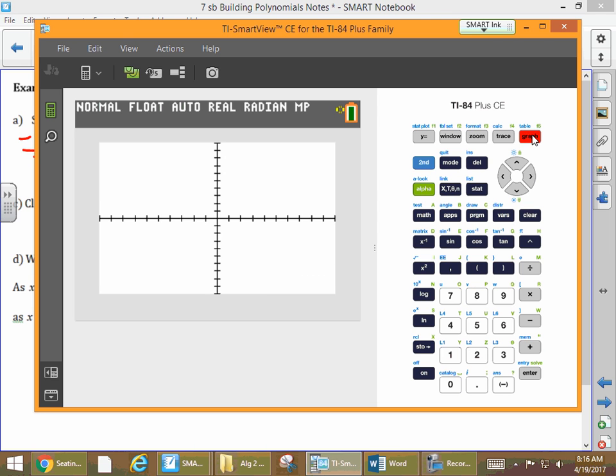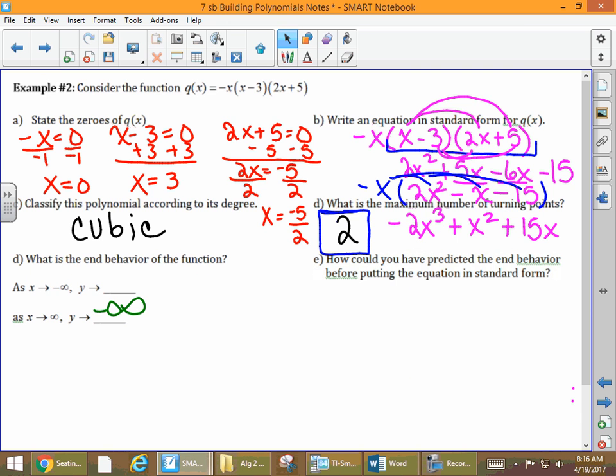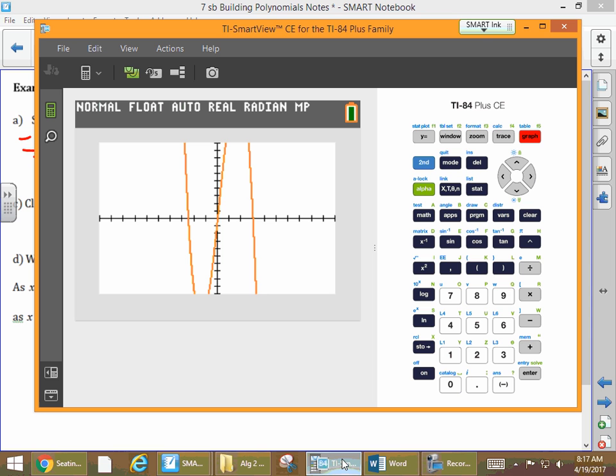When we look at the picture here, as x goes left on the graph, towards negative infinity, it looks like our graph is going in the upward direction. So y is going to positive infinity. We've already determined that as x goes to positive infinity, to the right on the graph, our graph is going in the downward direction, which is going towards negative infinity.